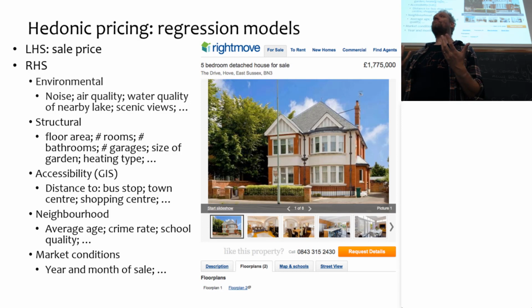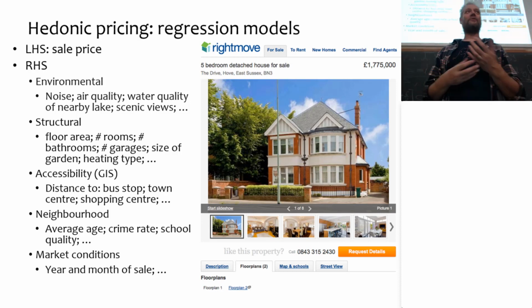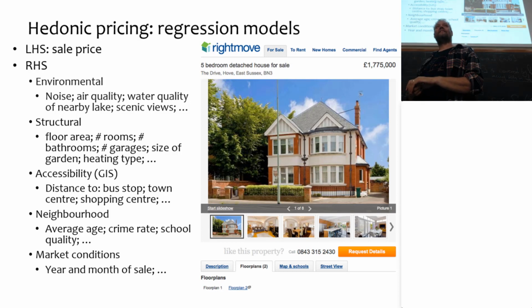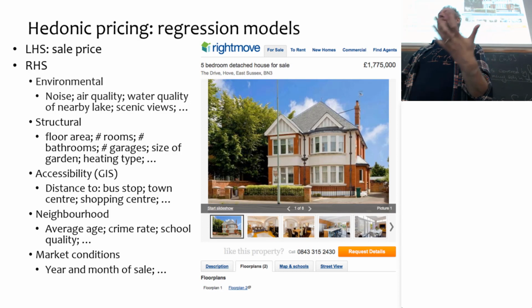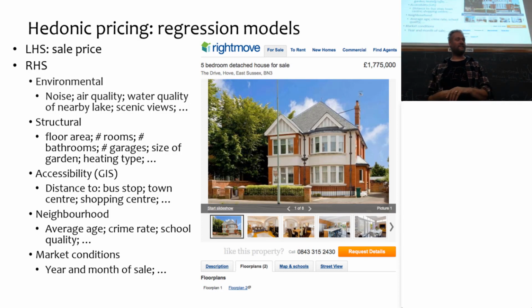But you can't stop there, because builders aren't stupid and they build different houses in different places. And what you would typically see, that in nice environments you have nicer houses, and in environments where nobody wants to live, they've put different houses there, smaller houses, less well maintained houses, and so on and so forth. So you can't just compare on environmental characteristics. You need to control for everything else, because those things correlate with environmental quality as well.